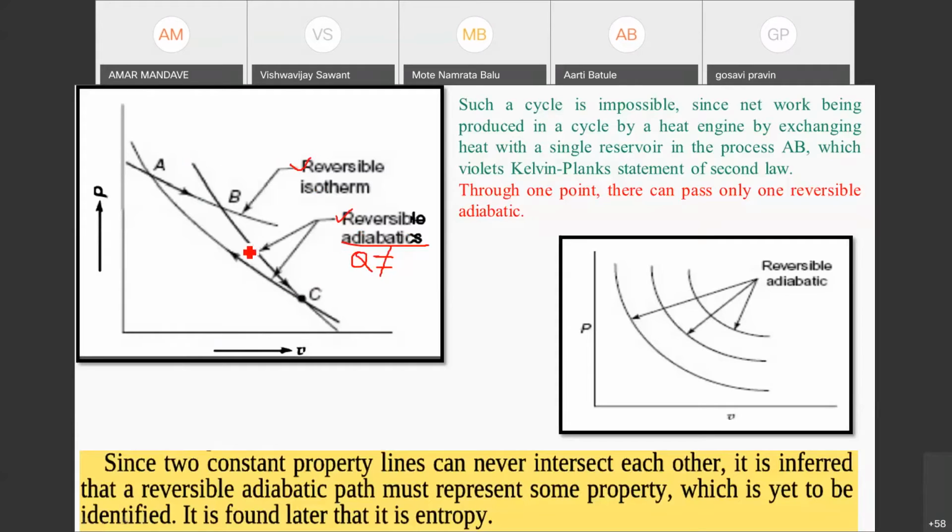So consider those are the two reversible adiabatic processes, and they meet at point C.